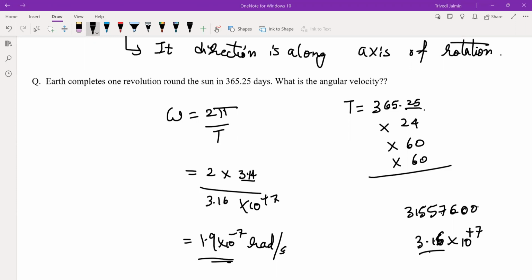Yes, sir, 1.98. 1.98, right? Yeah. So if we go with the exact 1.98, 1.98 times 10 to the power minus 7, keep it like that. So that will be your answer in radians per second.